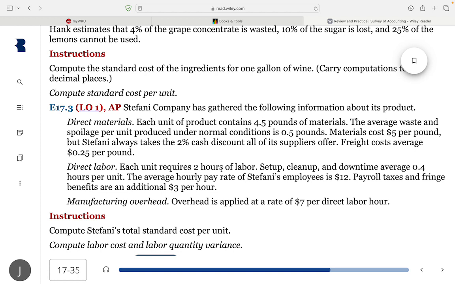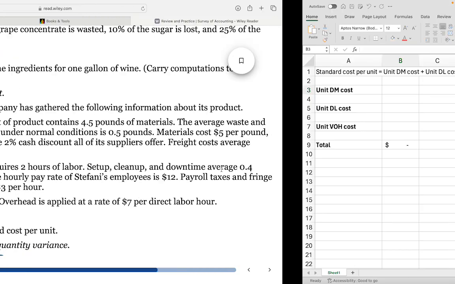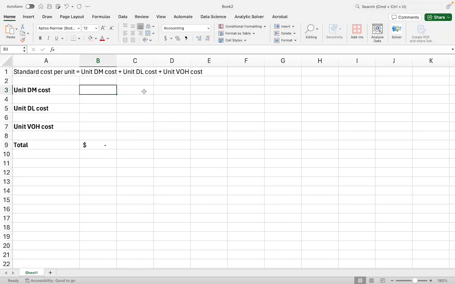Now, the other thing that Stefani is paying for is freight. Freight is shipping. So if you have to pay for shipping, that's part of the cost of the materials. And so the cost averages 25 cents per pound. So when we come over to do the direct materials calculation, I'm going to have pounds used are going to be 5.